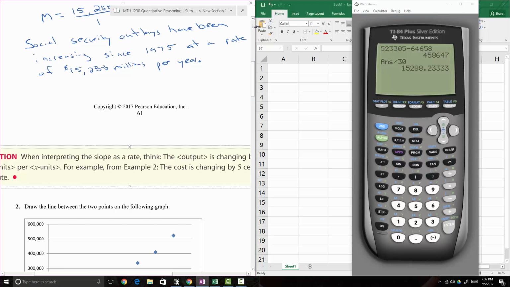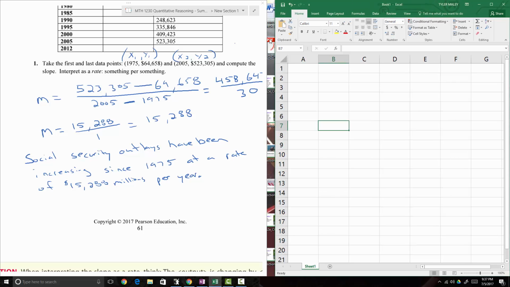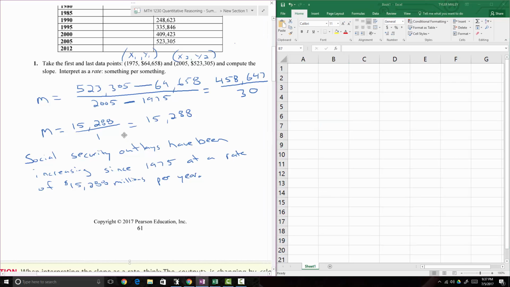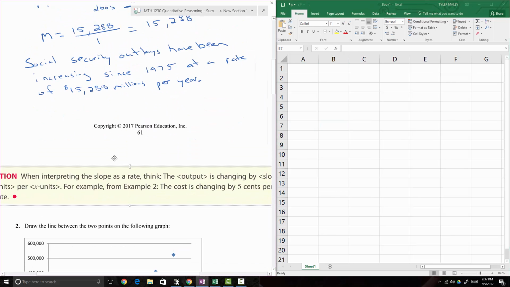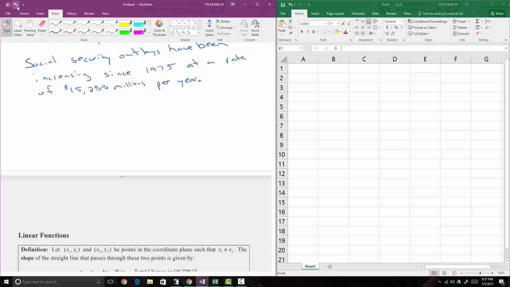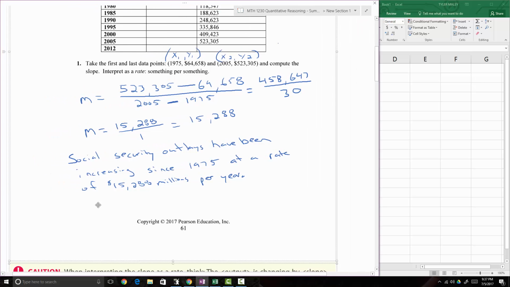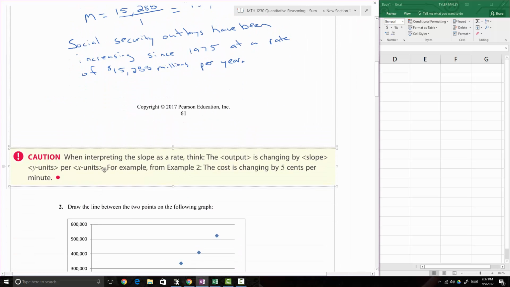Let me make this a little bigger. This is a really good sentence also to use.